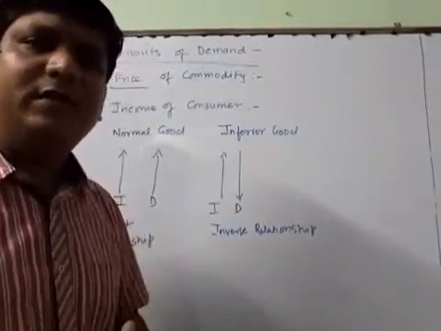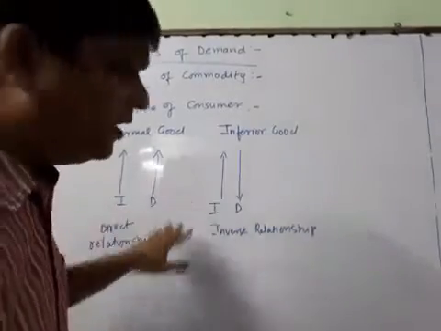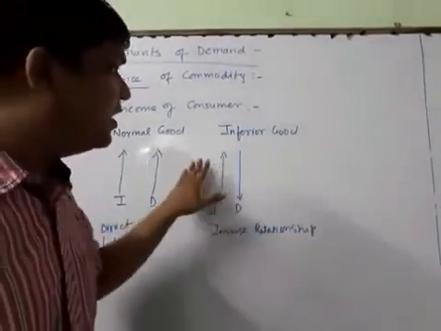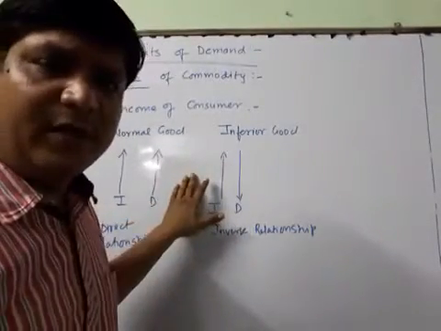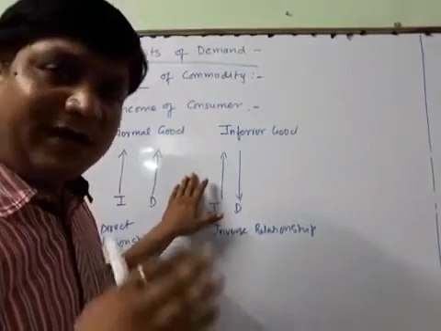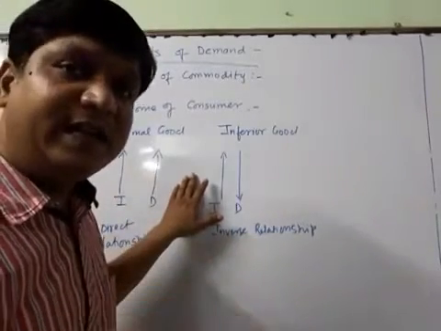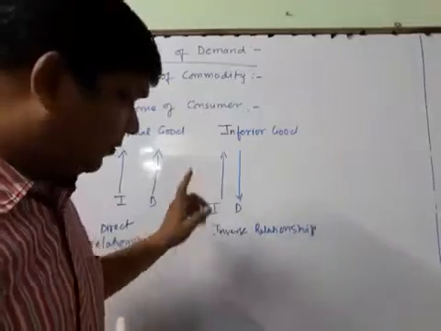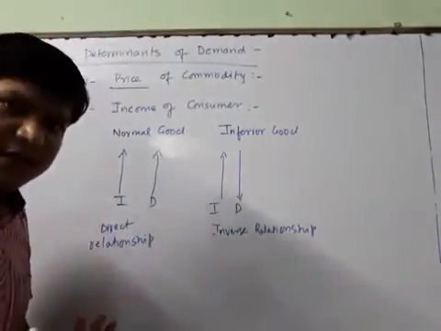For these items, the demand increases with the increase in income and decreases with the decrease in income. But for inferior goods like maize, jowar, these are inferior food items, the demand decreases with an increase in income and increases with a decrease in income. So inverse relationship is here and here it is direct relationship.